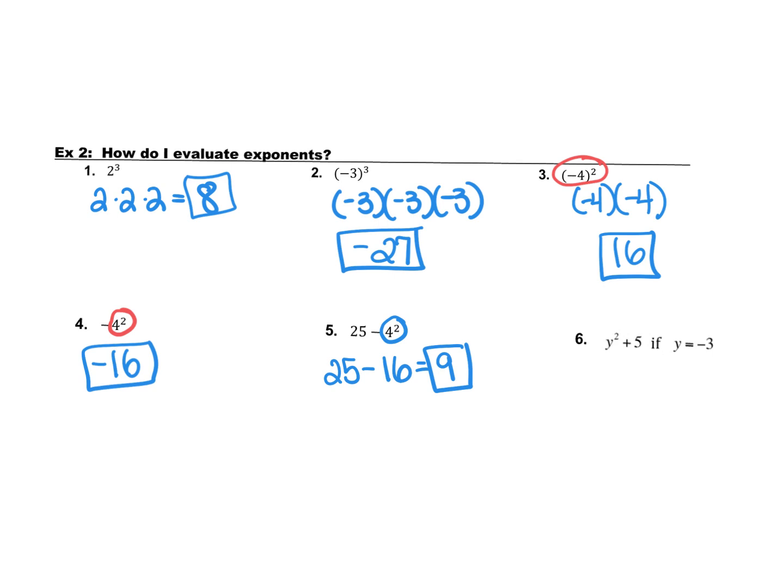Now I want to point out that whenever you have a variable that's been assigned a negative number, when you've got that exponent, it has to have the parentheses around it. So when I plug this in, I've got negative 3 now squared, plus 5. And notice that is different than the one where you would not have the parentheses around it. So negative 3 squared, I have negative 3 times negative 3. That gives me 9. So then I have 9 plus 5, and that's going to give me 14.